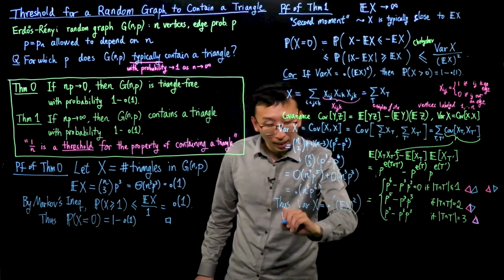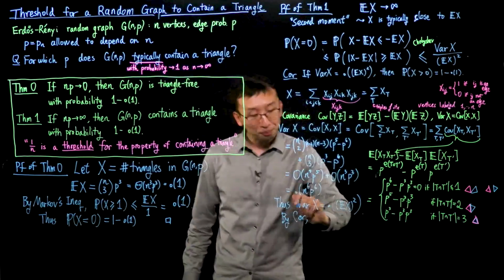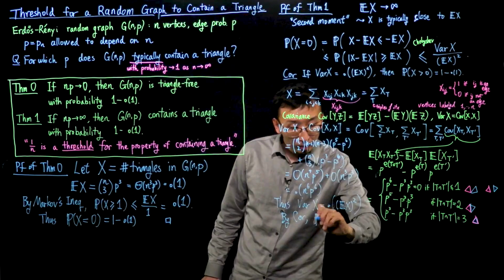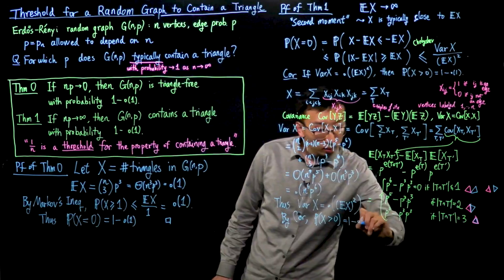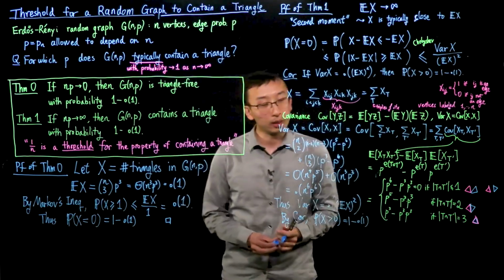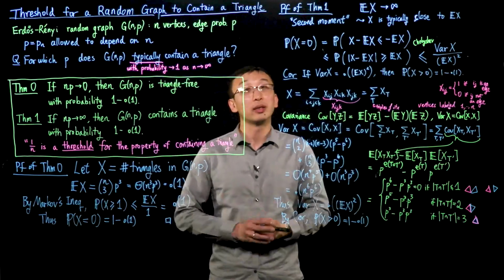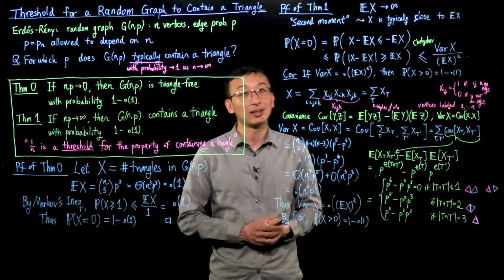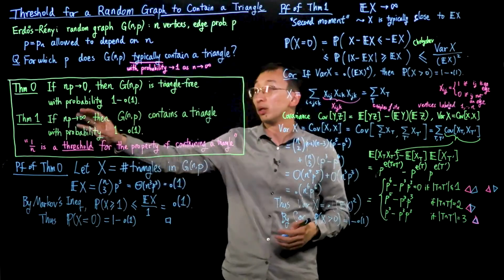And so by the corollary of Chebyshev earlier, we see that with probability approaching 1, x is positive. So typically this random graph contains a triangle. And that finishes the proof of the second part of theorem 1.